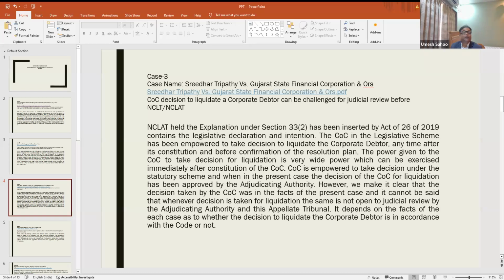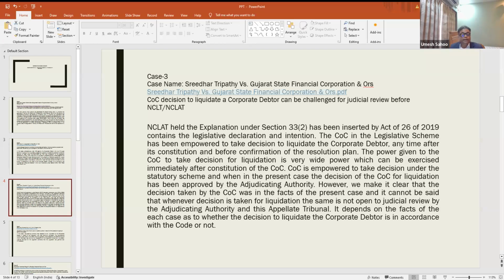That is the present case, where it was submitted that the decision of the COC was arbitrarily taken, and that the COC never wanted to continue with the CRP after admission of the Section 10 application. Minutes were made on so and so date, and in the minutes is the reason why the company is going to be liquidated. That reason has to be recorded in the COC. Many of my friends are preparing this resolution.